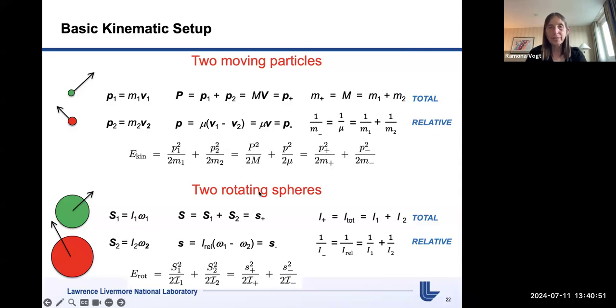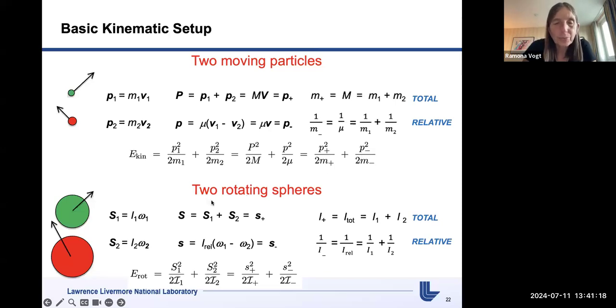So you can rewrite the kinetic energies in terms of these, or you can write the kinetic energies of the individual fragments in terms of these total and relative masses.